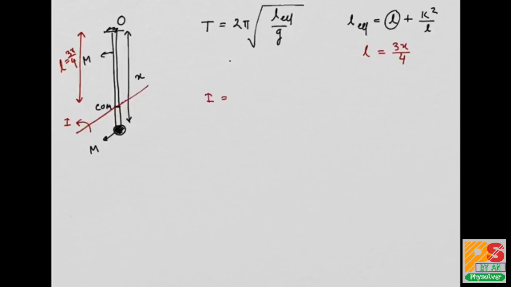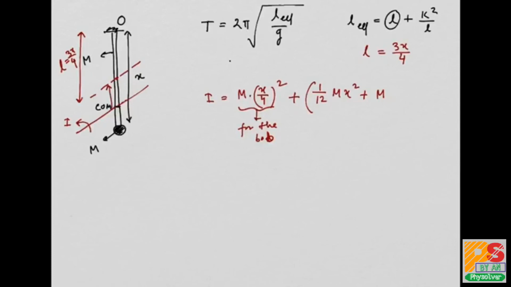For the bob it will be simple, m into x by 4 square, plus for the rod we know I COM is 1 by 12 mx square, plus md square, where d is this distance, that is x by 4 again.